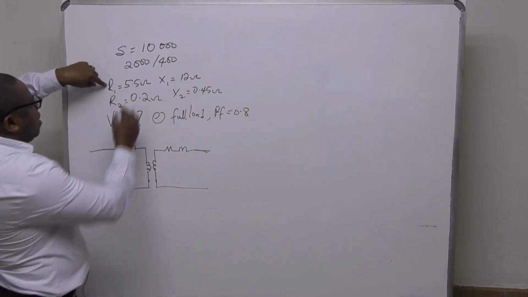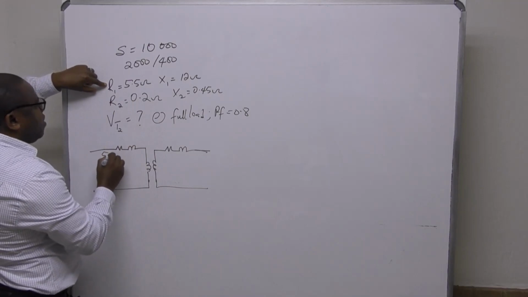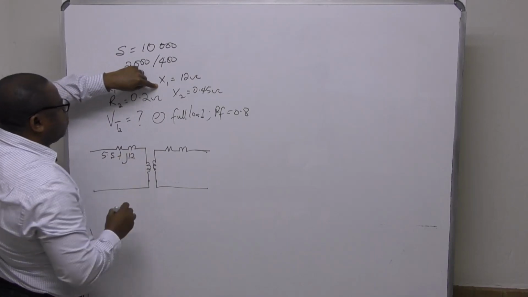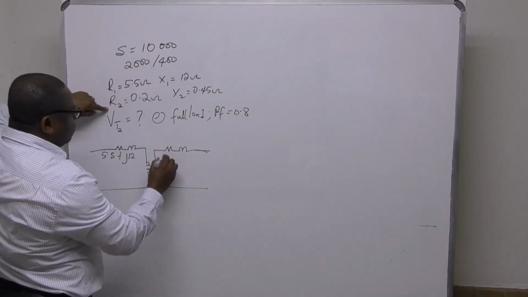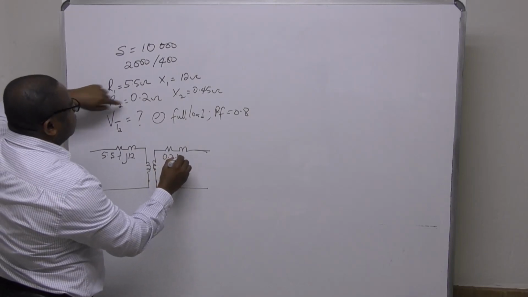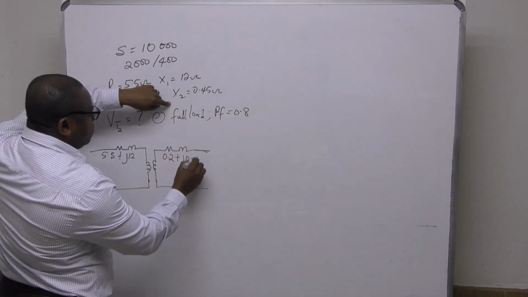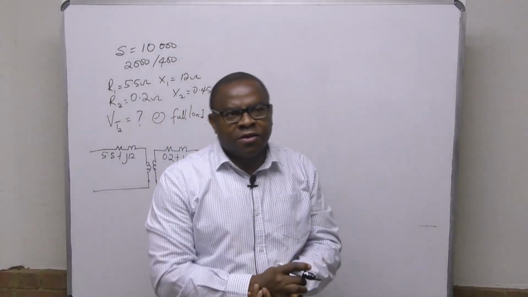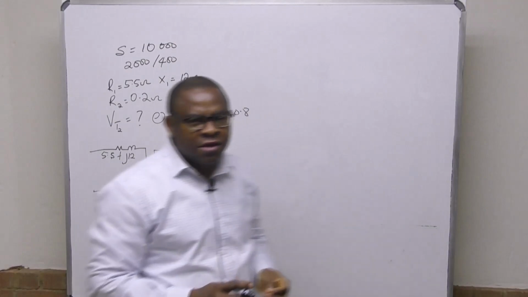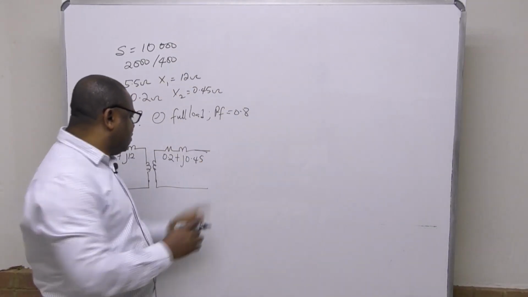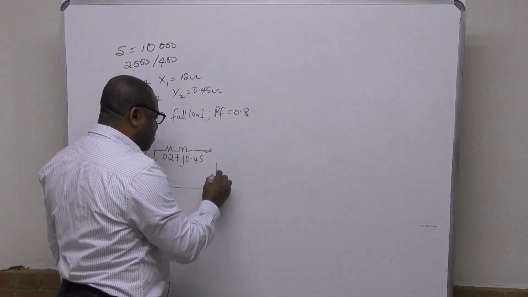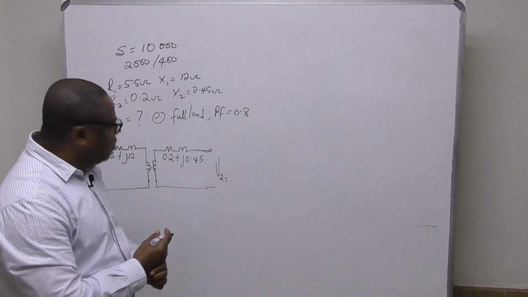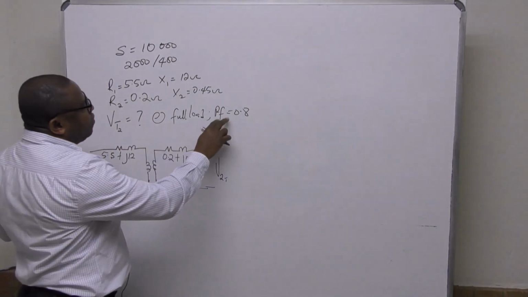So we're given R1 5.5 plus X1 j12, R2 0.2 plus X2 j0.45. Okay. So now we are asked to calculate the secondary voltage, this V terminal, V2, the terminal voltage there, at full load, when power factor is 0.8.